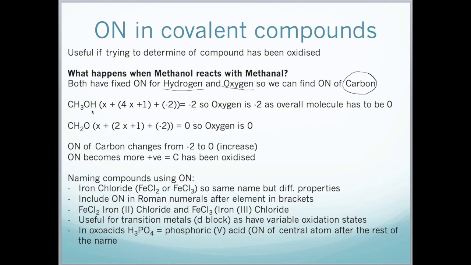So let's first look at methanol. In methanol we have 4 hydrogens, all of which have a plus 1 oxidation number, which can be put into this equation. X is for carbon, and oxygen is minus 2. So when we add all these together, carbon has a minus 2 oxidation number.